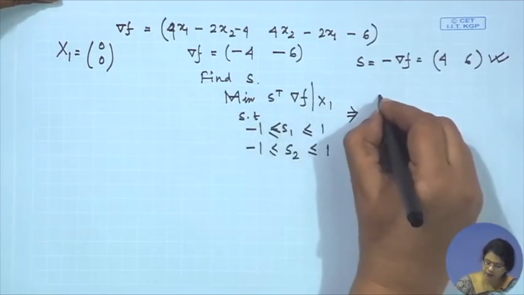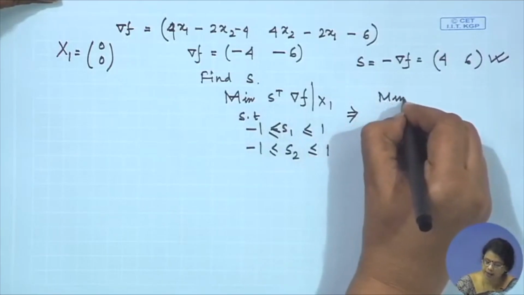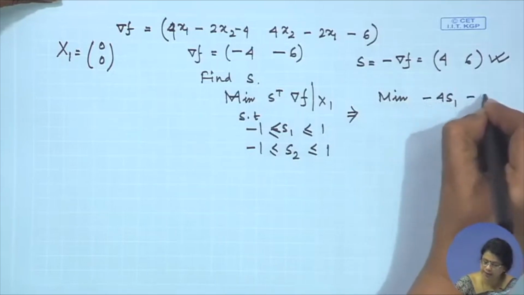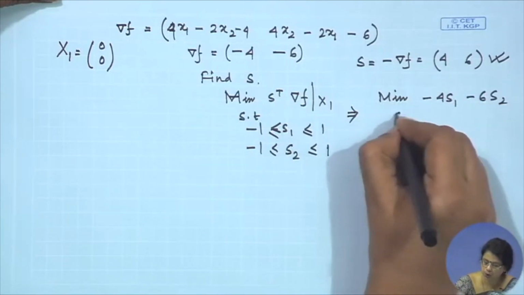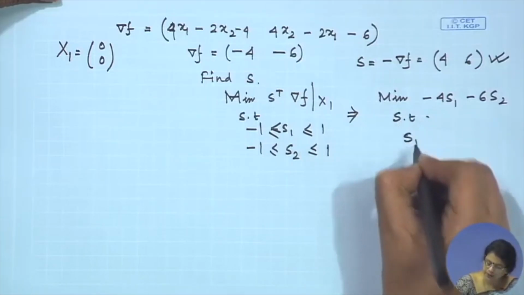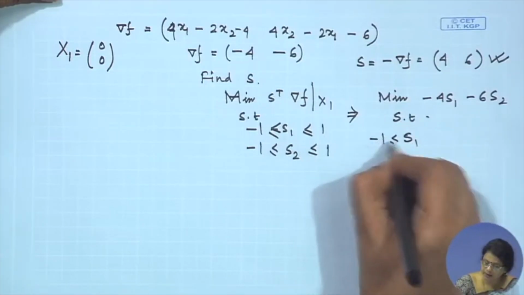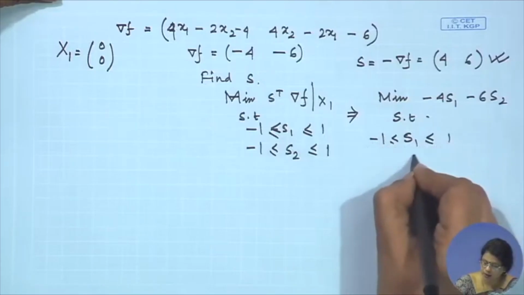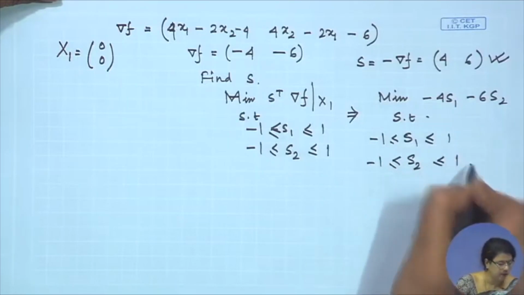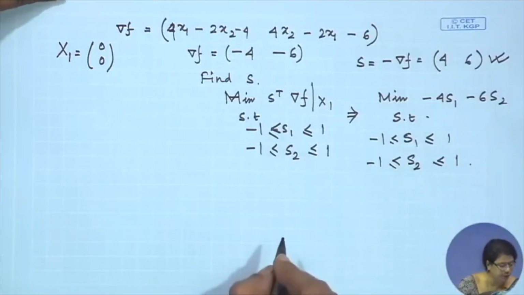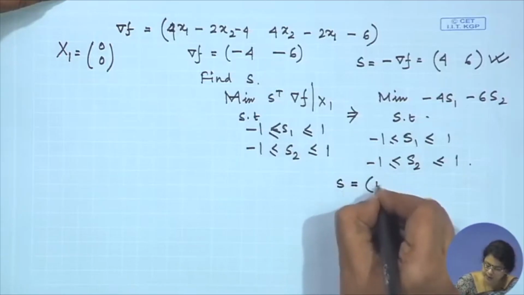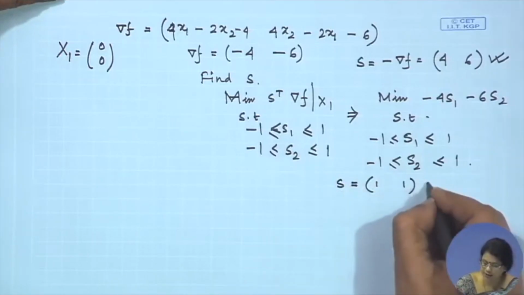Then we will get the optimal problem from here, minimization of minus 4 S1 minus 6 S2 subject to S1 between minus 1 and 1, S2 between minus 1 and 1, and from here we will get S as 1 1, the optimal solution.